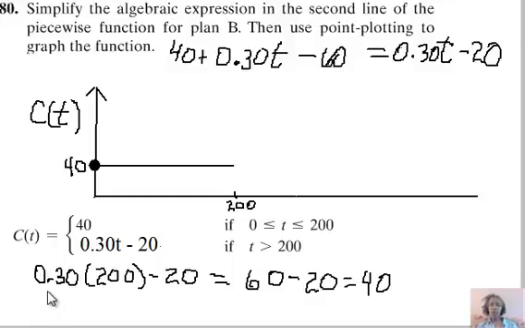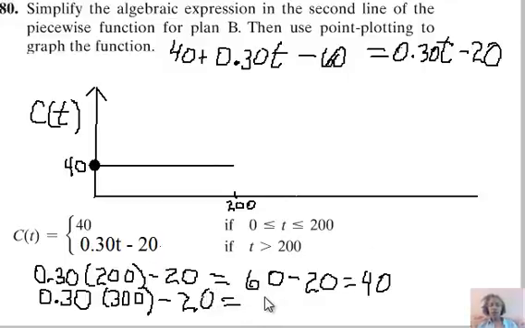And now let's find the value of this at another point. Let's maybe put in 300 for t. So we're replacing t with 300. We just need any single value of t that's bigger than 200.